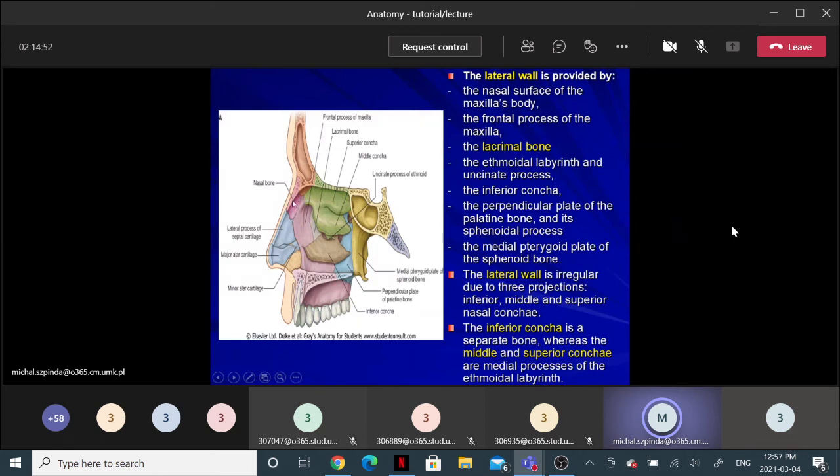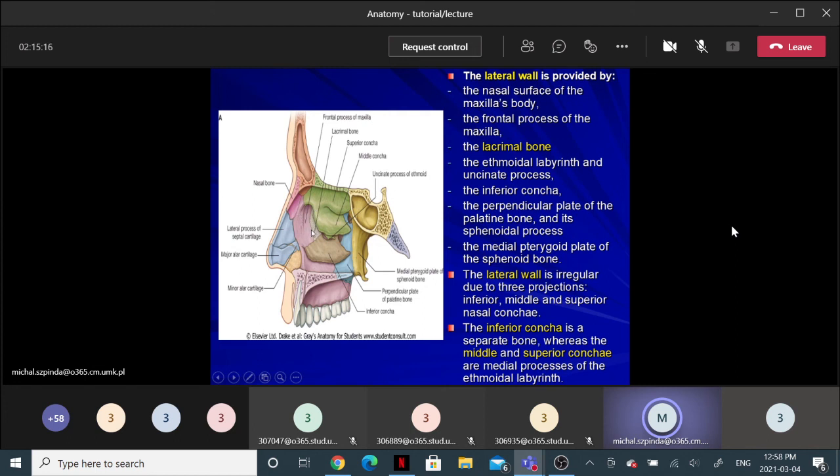So we can see here the frontal process of maxilla. Its medial surface refers to the lateral nasal wall, while its lateral surface refers to the medial orbital wall.